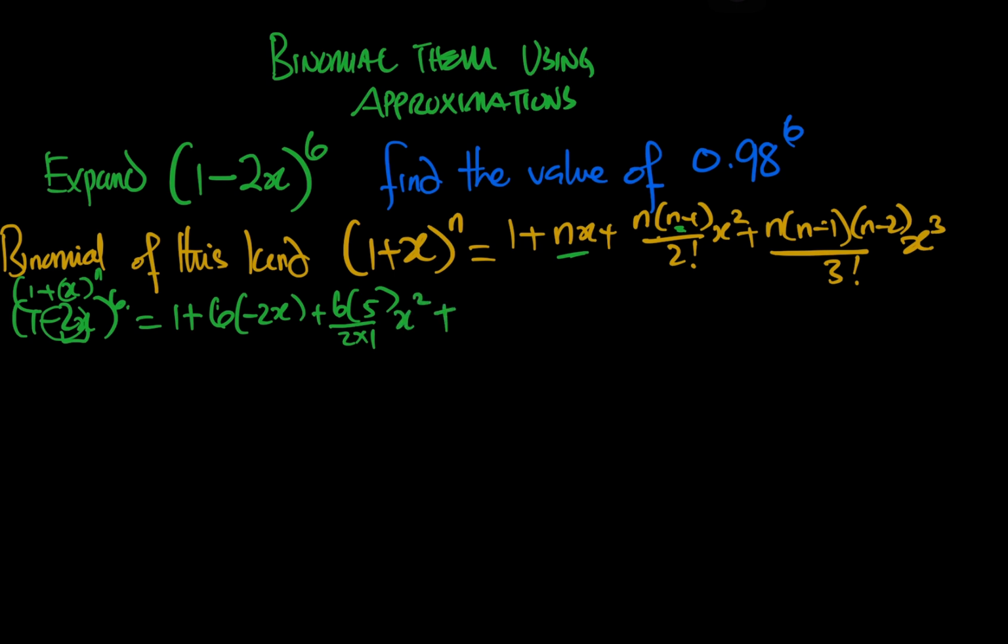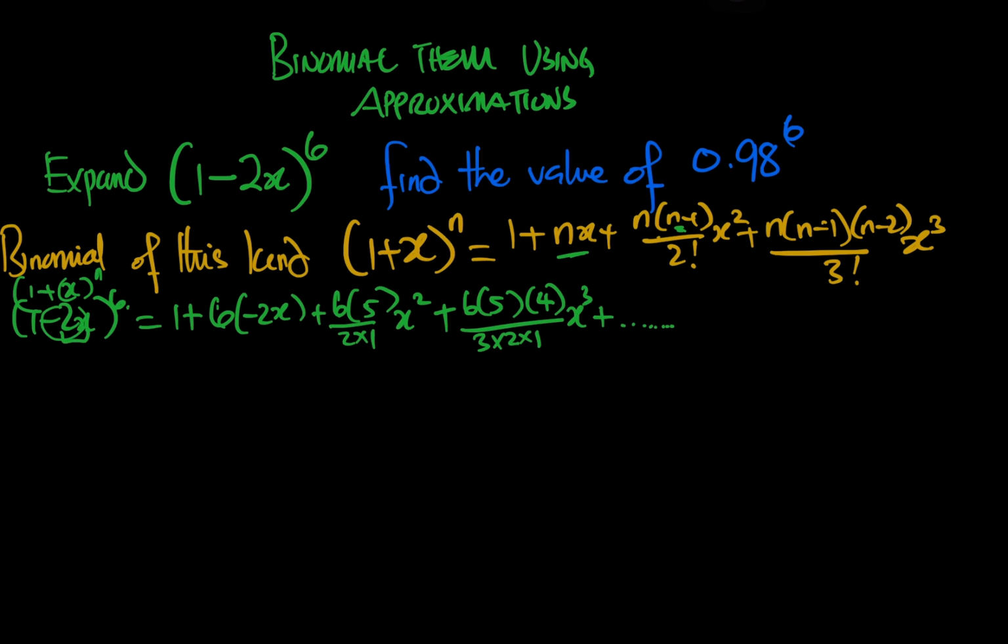Plus, you have n, which is 6, n minus 1, which is 5, n minus 2, which is 4, divided by 3 factorial, which is 3 times 2 times 1, multiplied by x cubed. Plus, you keep going on, to 4 terms.